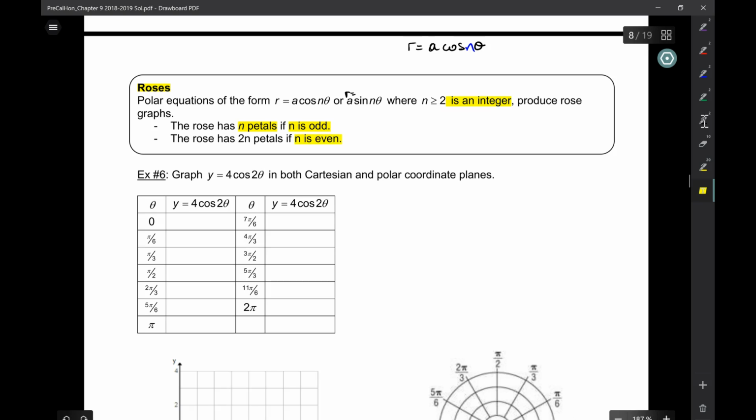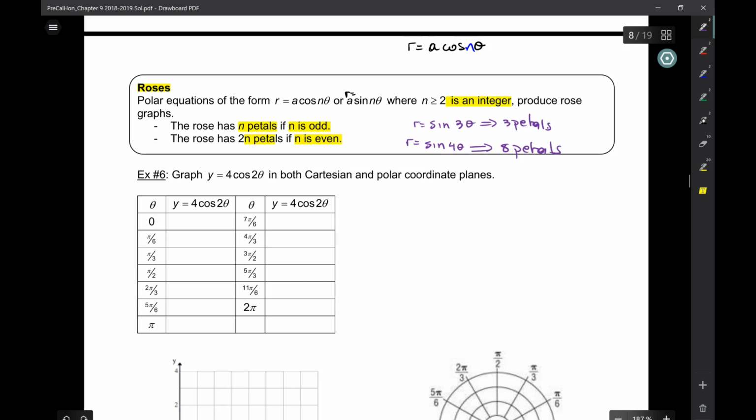If n is even, then there are 2n petals. All right? So, for example, R equals sine 4 theta, it has 8 petals. Because that's even. If it's R equals sine 3 theta, 3 petals.